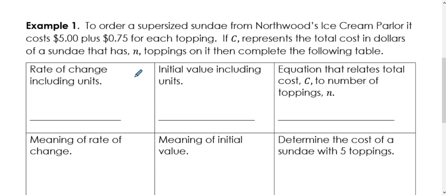And we can see that the toppings are changing the cost. So for every topping that I'm putting on, this is my unit rate of change here. So my rate of change is 75 cents per topping.